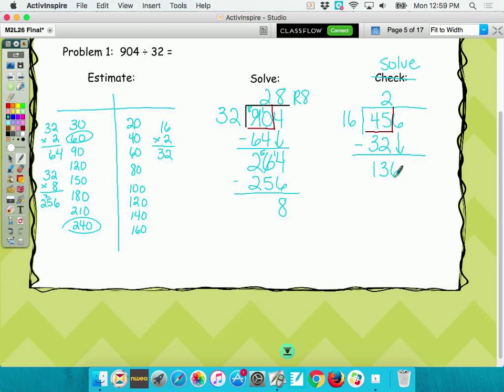Now look over here. 120. How many is that? 6. 1, 2, 3, 4, 5, 6. I don't think it's big enough. 120 is big. Yeah, it's big enough. I think it's 8 times 6. You think it's 16 times 8? Okay, we're going to try 16 times 6.